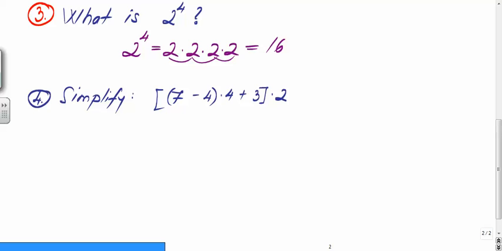Okay, we have an expression and we have to simplify. As you guys notice in here, we got parentheses, we got different operations, and as usual, you need to remember the order of operations.